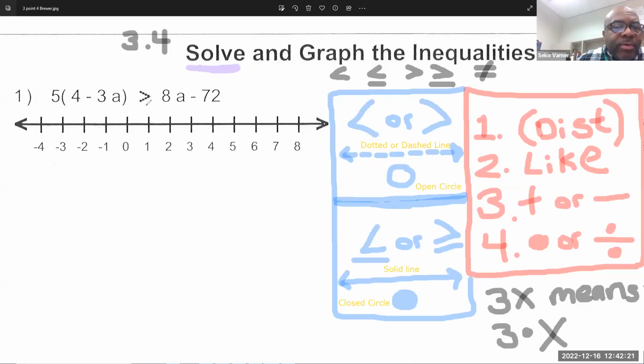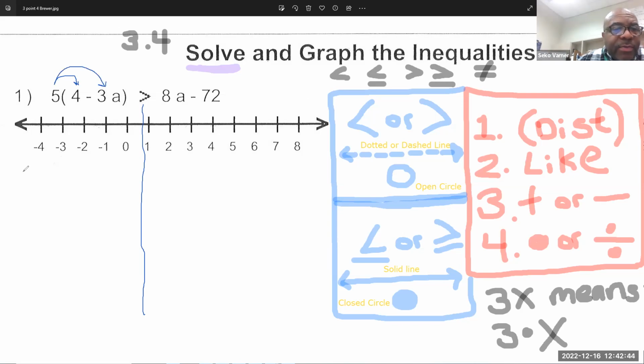All right, so I see our parentheses here. And look, there's really a dividing line right under this inequality, right? So first thing I want to do is distribute, which means everybody can get some. Whatever is inside the parentheses is going to be multiplied by whatever is outside the parentheses. So 5 times 4, and then 5 times negative 3a.